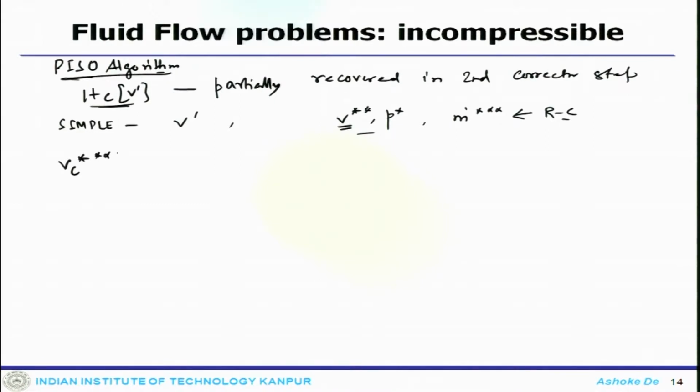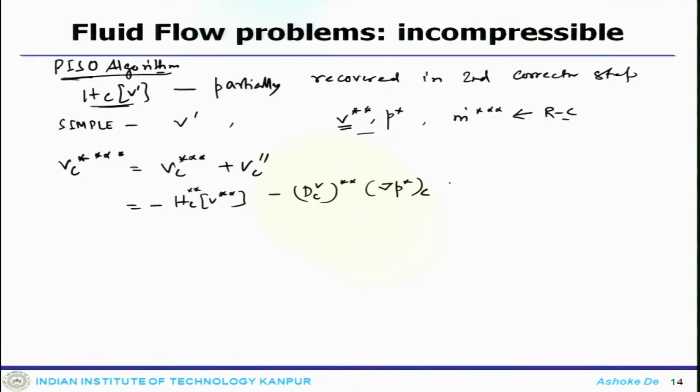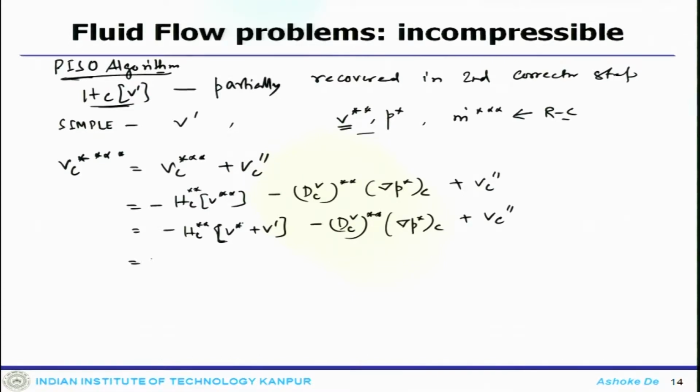The equation that does this is Vc triple star plus Vc double prime, which is minus Hc V double star, this is double star, minus Dc V double star delta P star C plus Vc double prime, which will be minus Hc double star V star plus V prime minus Dc V double star delta P star C plus Vc double prime, which is minus Hc double star V star minus Hc double star V prime minus Dc V double star delta P star C plus Vc double prime.